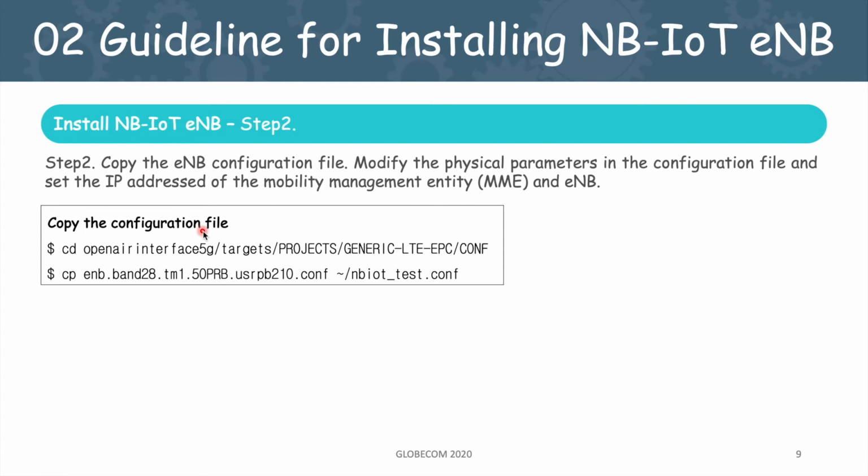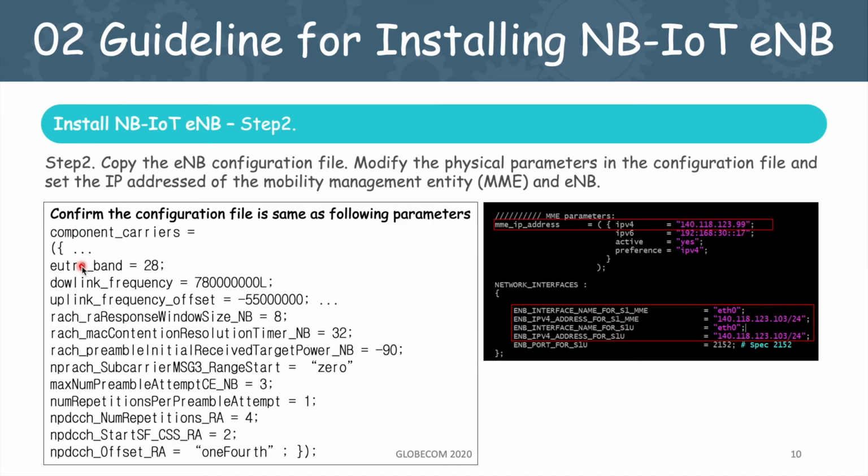To run the NB-IoT base station, we also have to copy the configuration from the project directory. And this configuration is what you can use for the NB-IoT base station. There are some parameters in the configuration.